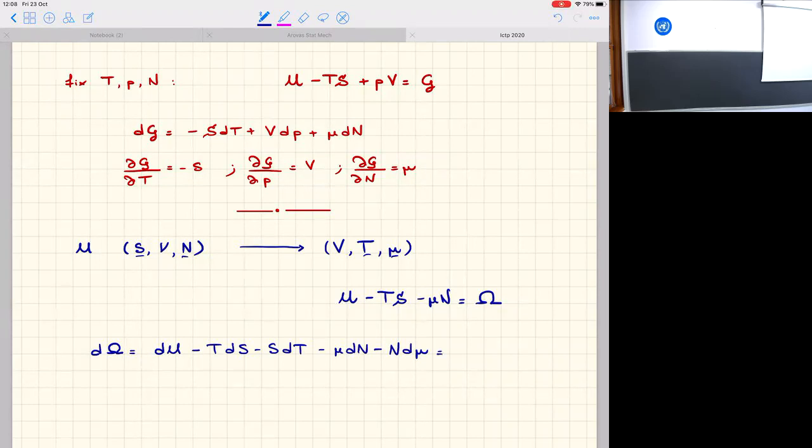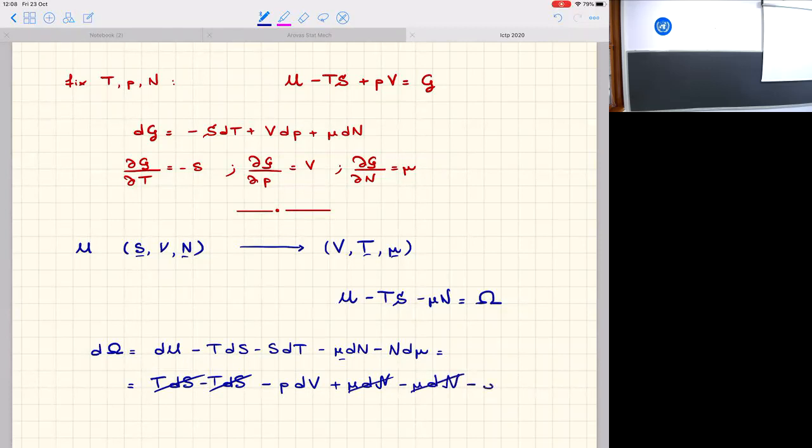And then this is equal to what? Well, dU is equal to TdS. Aha, but there is a minus TdS here, so let's put it here. Minus PdV, and that remains. Plus mu dn. But there is another one here, so minus mu dn, and this one is gone.